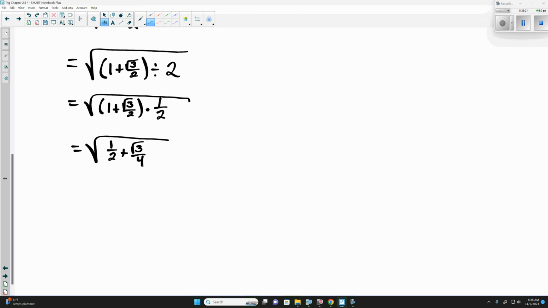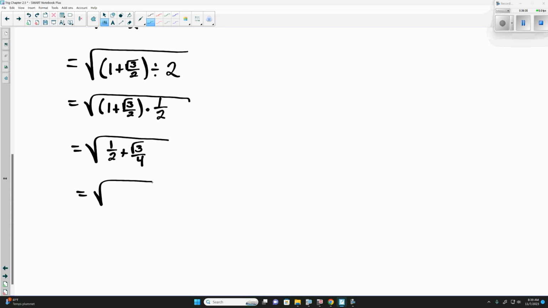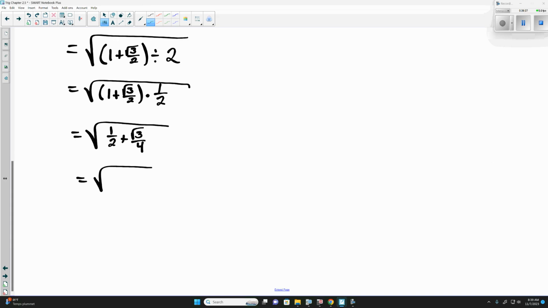Which actually gets us here. Well, at this point, we'll need to add these together. Should have done that from the beginning. But since we started doing this by hand, we're going to finish going by hand. 1/2. To be able to add, we need both of these to be in fourths. It's the only way to add two fractions is for the denominators to be the same.